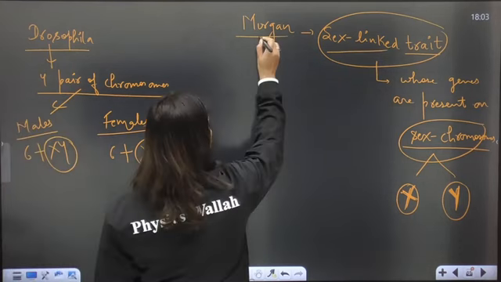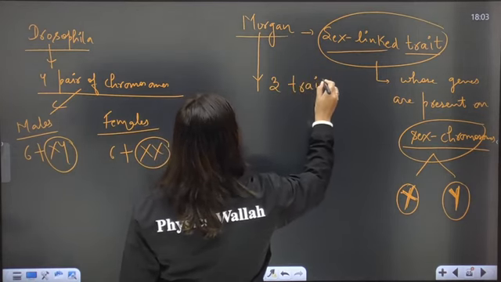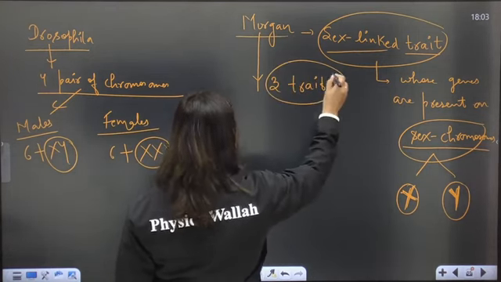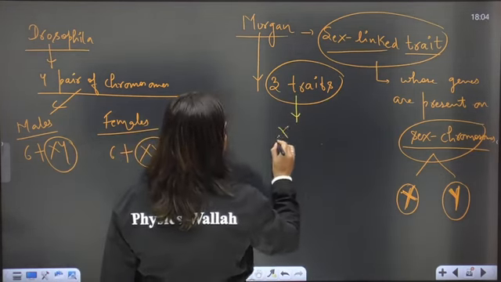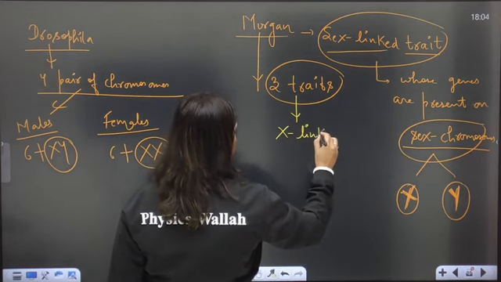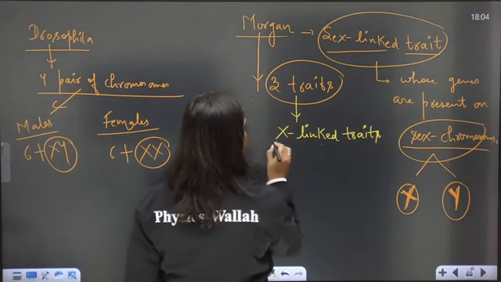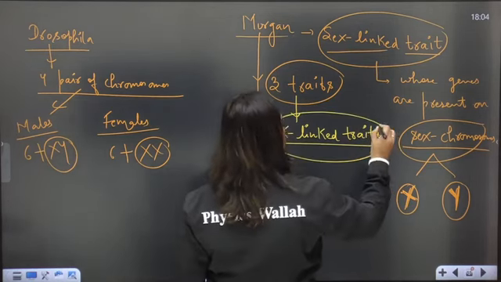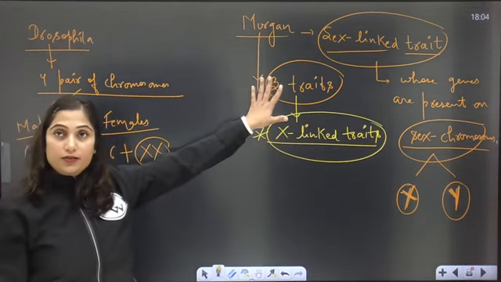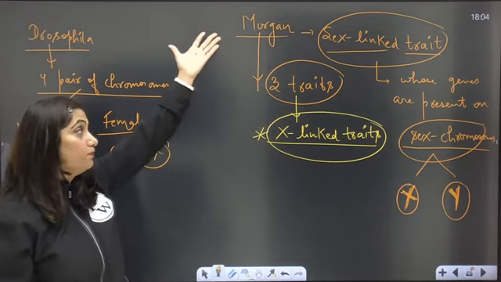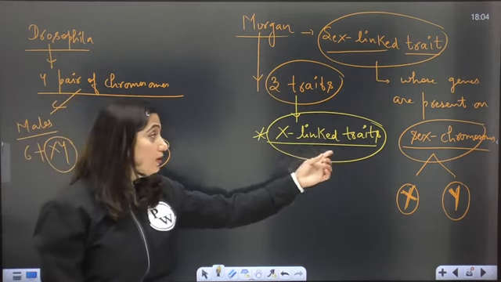So Morgan took 3 traits for his experiment, and these 3 traits, remember, are X-linked traits.